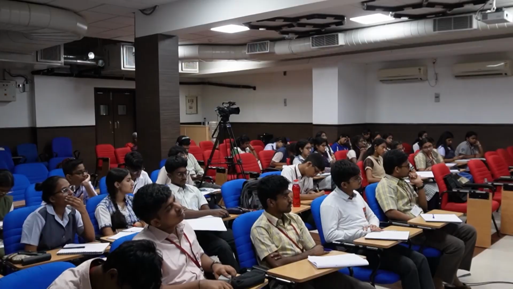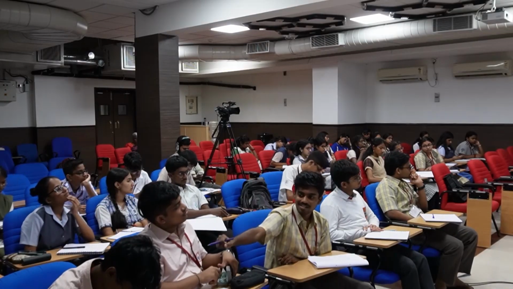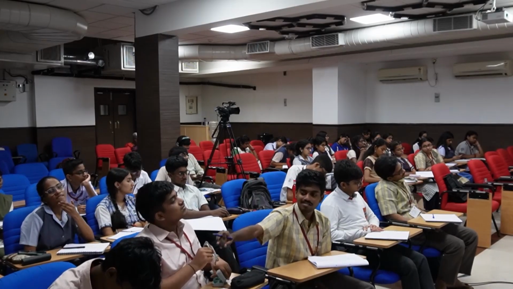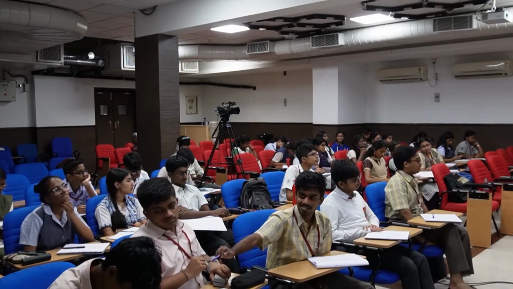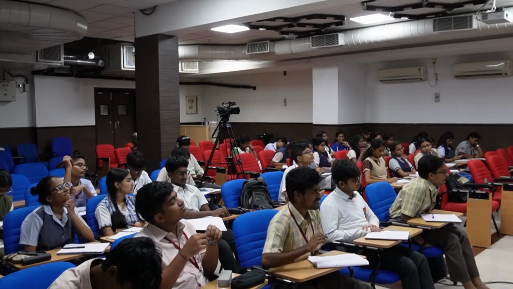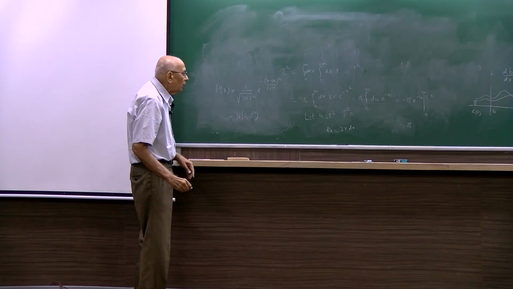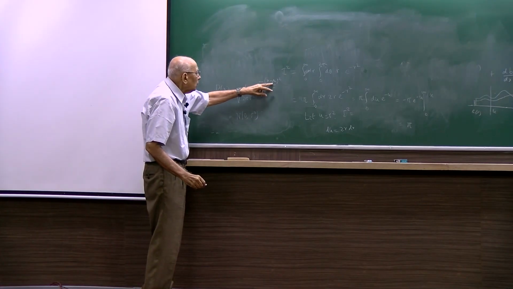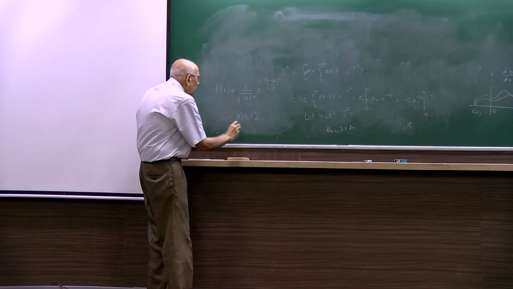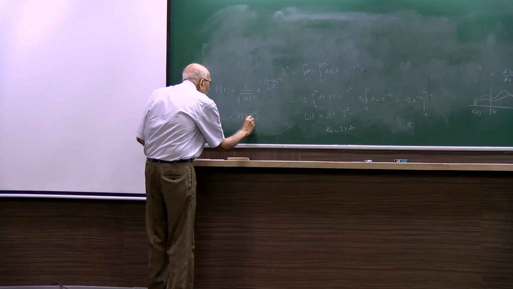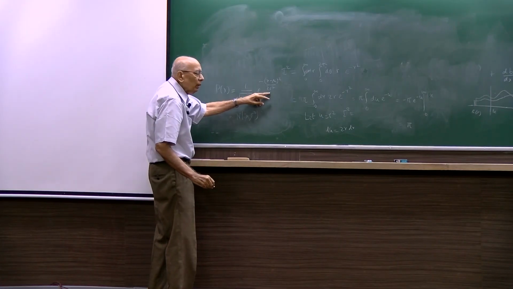This is the normal distribution of a random variable x with mean mu and variance sigma squared. That's the notation for it in probability theory. This quantity mu is the mean, and this quantity sigma squared is the variance.